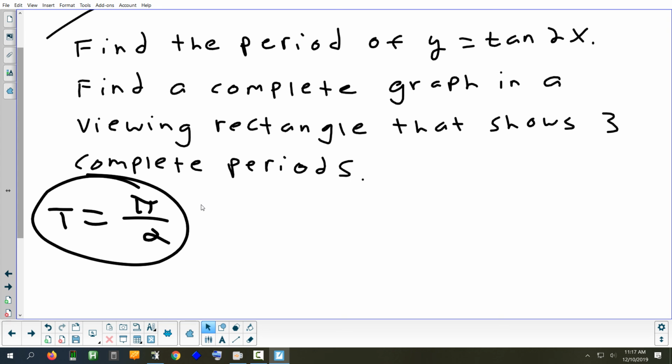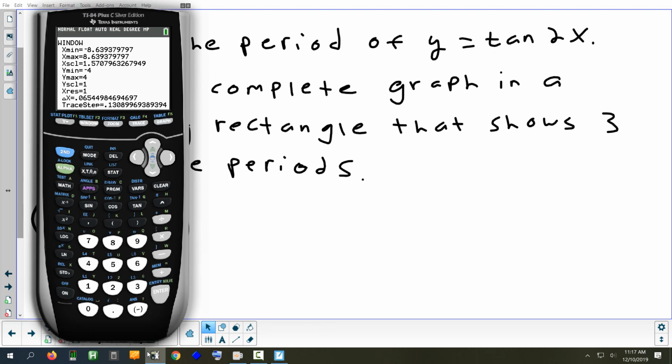How long would 3 periods be? 3 pi over 2. It would be this triple. So what's one way that I can have a window 3 pi over 2 units wide? From what to what? From 0 to 3 pi over 2. Yeah, that's one way to do it. And hopefully that doesn't cut anything off.